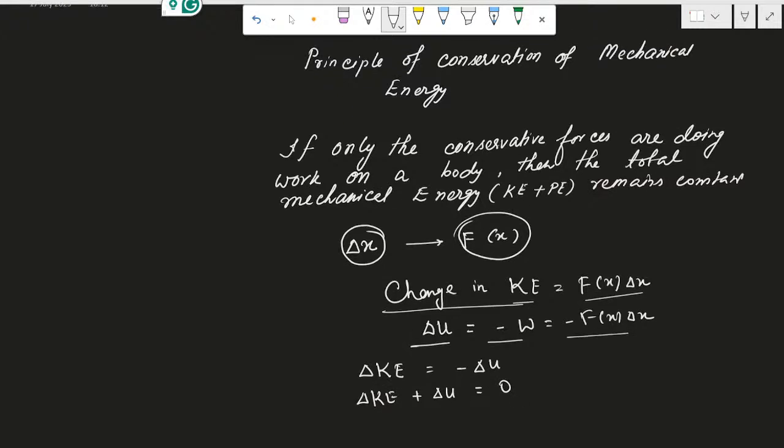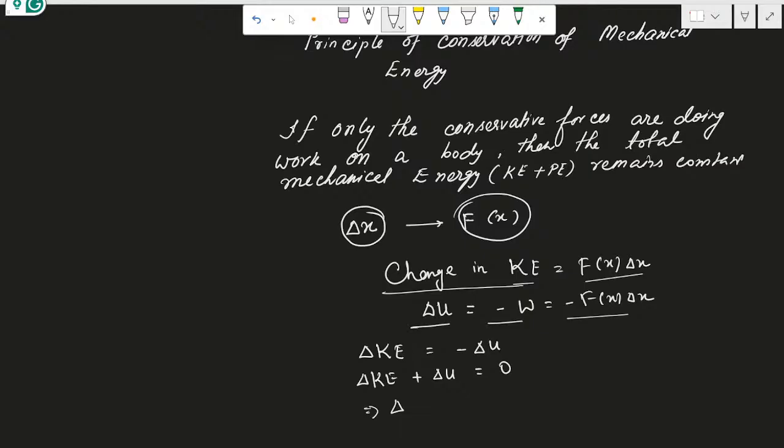Taking delta as a common factor, delta of Ke plus U is 0, meaning there is no change in these two when they are added, and their sum constitutes the total mechanical energy. So their change is 0, and they are actually constant.